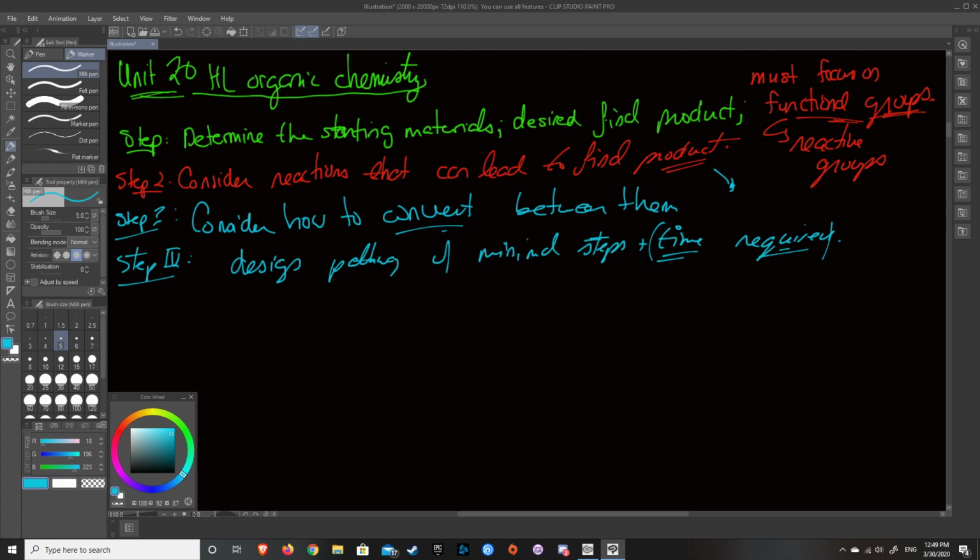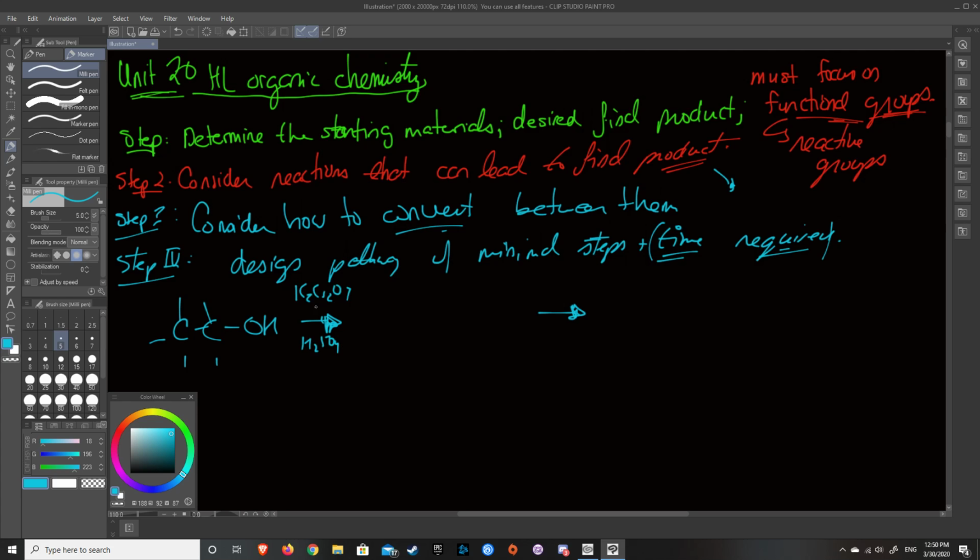If you imagine we did, let's just say we had a primary alcohol. We've got ethanol here, and we want to make ethanoic acid. Let's go through a two-step process. So we're using K2Cr2O7 in an acid.